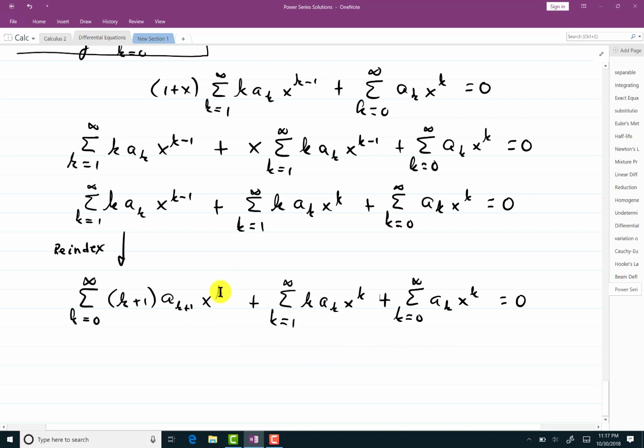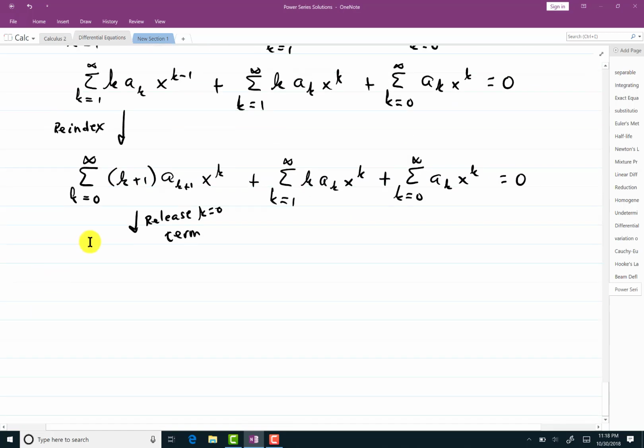Now, do I want to put those together just yet? No, I actually don't. What I would prefer to do is make all three compatible with each other. The problem with making all three compatible is that this starts at 0, this starts at 1, and this starts at 0. Well, I can fix that. I can release a term. I'm going to release the k equals 0 term.